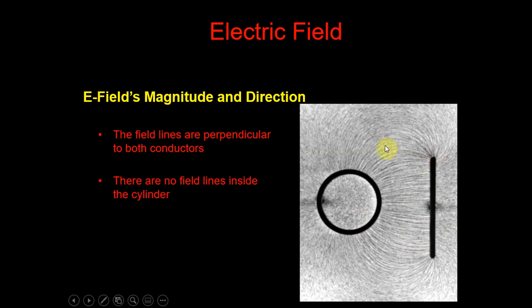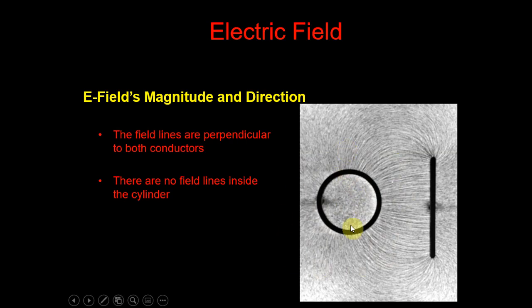Here we've got an electric field set up between this ring and this plate, and you can see the field lines running from one to the other in a similar sense to the diagrams that we've seen before. You will notice that inside of this ring, inside of this circle, there's a random distribution pattern essentially of the particles inside. They are not aligning with an electric field as per the particles outside of the circle.